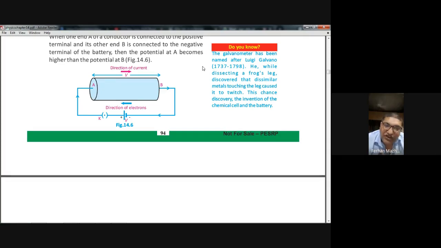Same thing which happens in the gravitational field will happen in an electric field. The charges in the electric field move in the same manner from higher potential towards a lower potential.